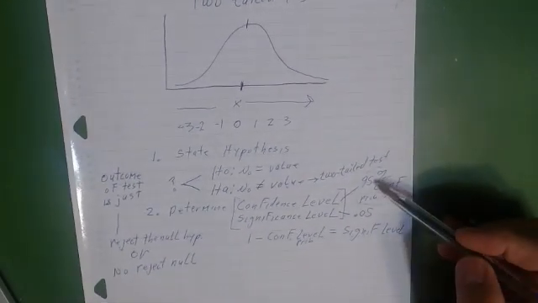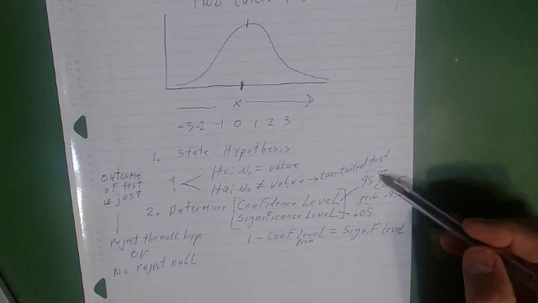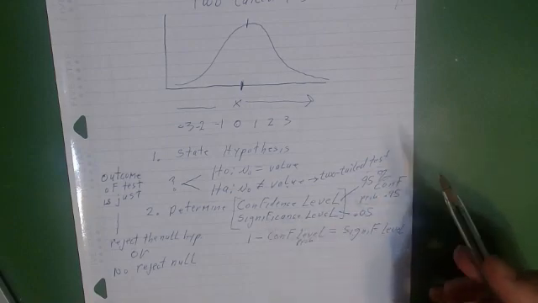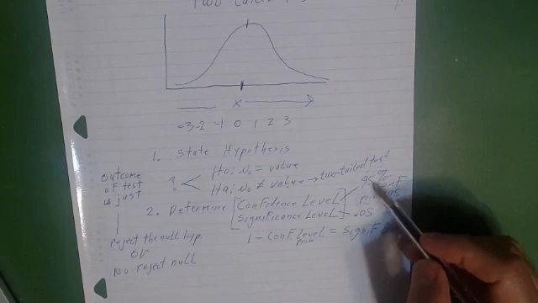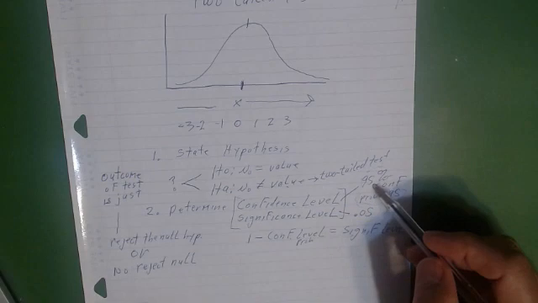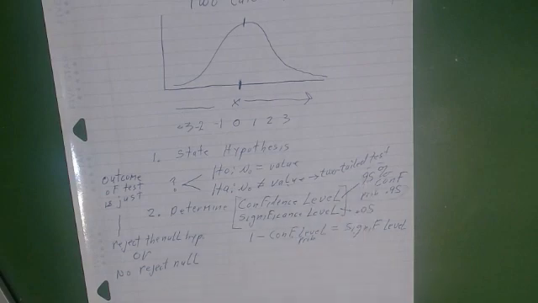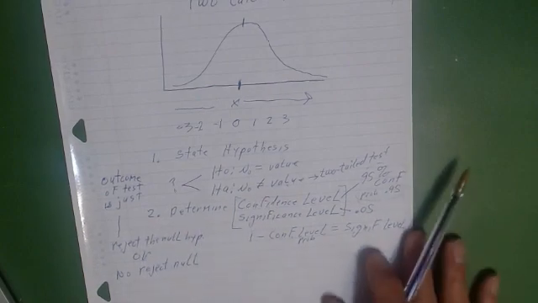Usually it's 95%, which makes the significance level 0.05, but it doesn't have to be. You could test at 90% confidence. You could test at 99% confidence. Okay, but for most of our problems, it's 95, okay?